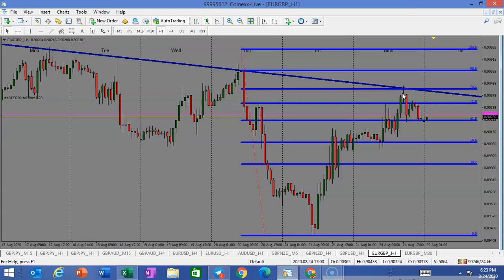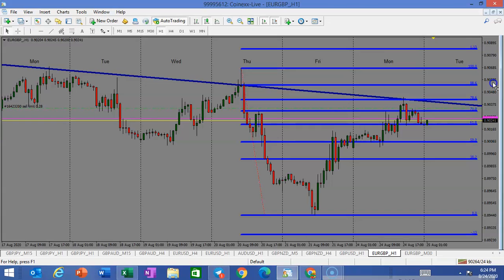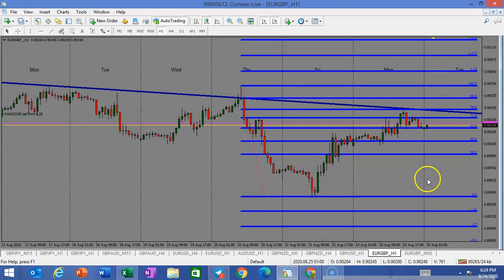This is a setup for a potential 100 to 150 pip move to the downside, because now that we have price action retracing at the 78, and we see that there has been a significant touch and retracement at the 50, it is safe to assume that once we've reached this peak or this retracement of the 78, price action will continue down to at least the 27.